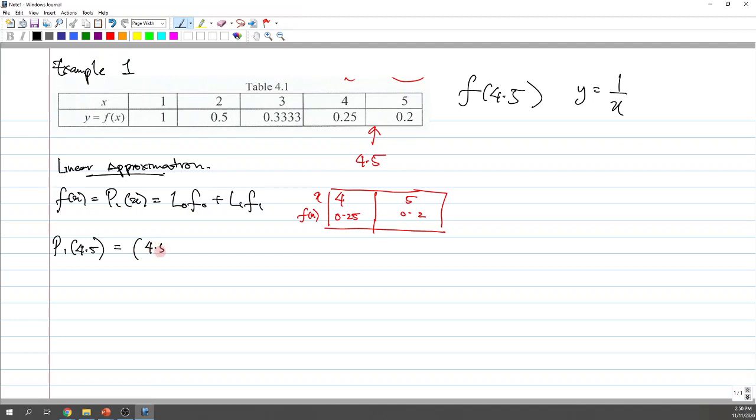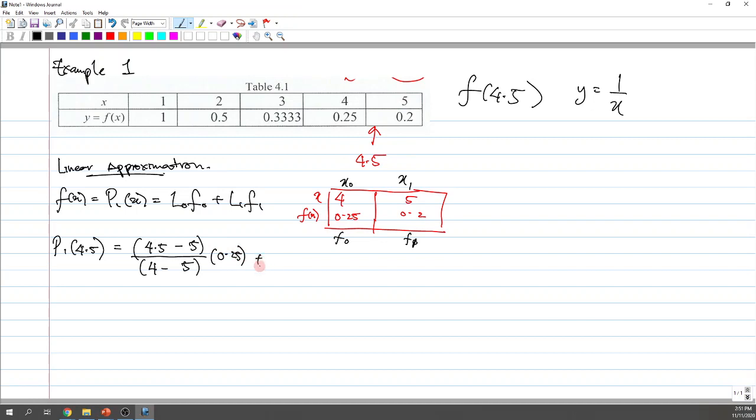So 4.5 minus x1, so this one becomes x0, this one becomes x1, and this one becomes f0 and this one f1. 4.5 minus x1, which is 5, divided by x0 minus x1, 4 minus 5, times f0, f0 is 0.25.